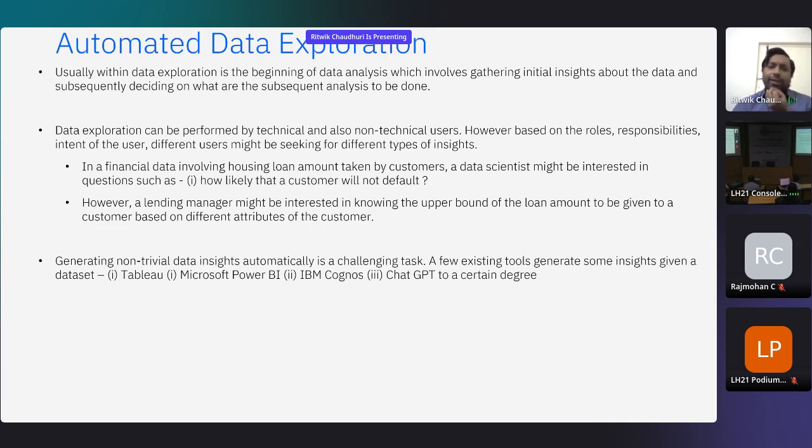Generating non-trivial data insights automatically is a challenging task. A few existing tools that generate insights given a data set are Tableau, Microsoft Power BI, IBM Cognos, and ChatGPT to a certain degree. However, when we want to come up with interesting data cubes, there are still gaps, and more research is going on in that direction.